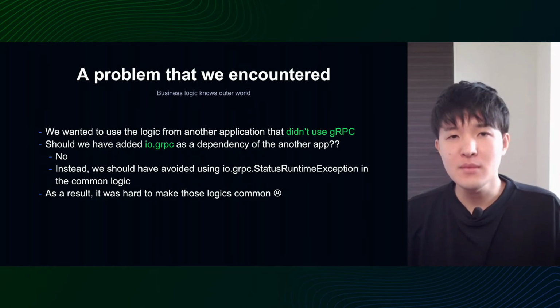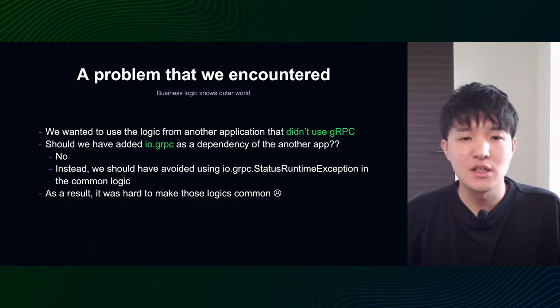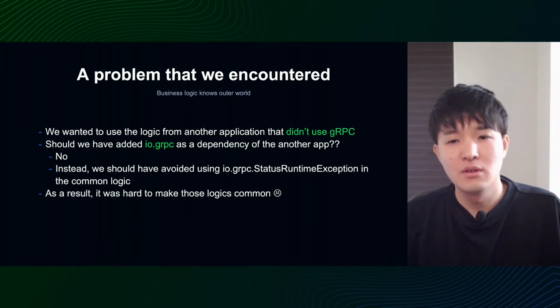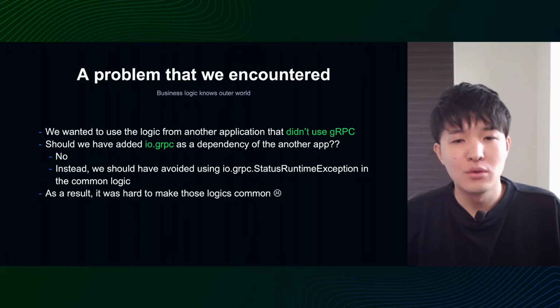So let me describe what the problem was. Some logic was to be used for another application, but that application did not use gRPC. With that, the io.grpc package probably should have been added as a dependency?